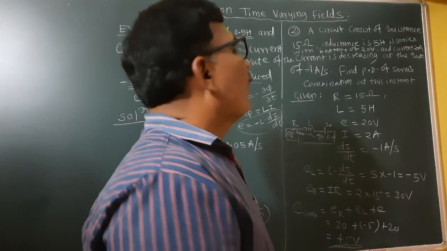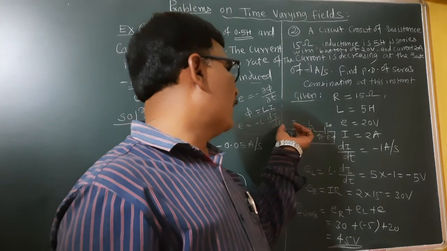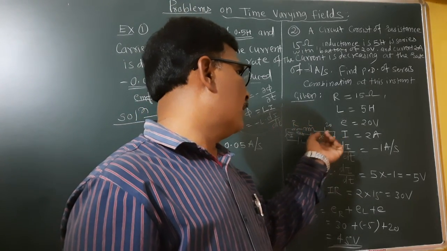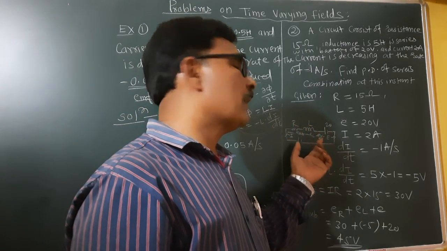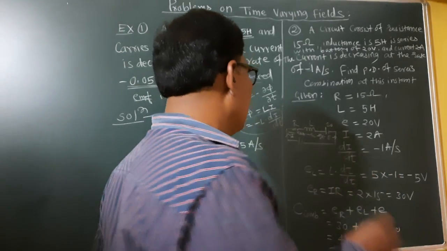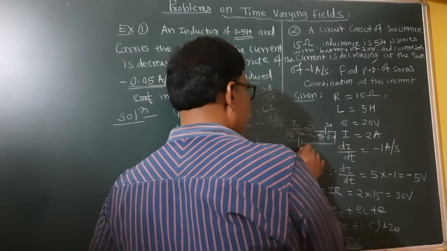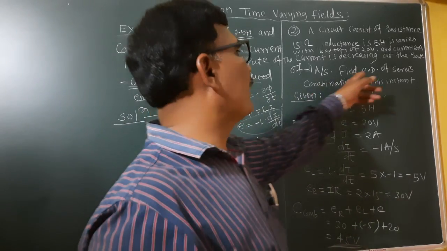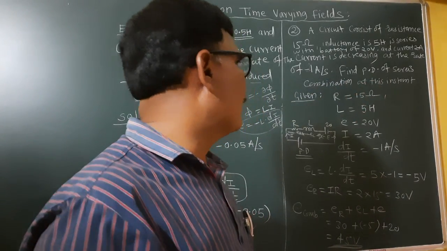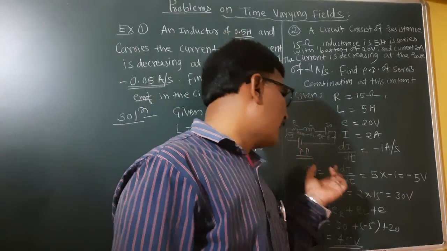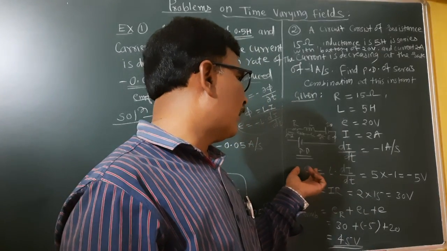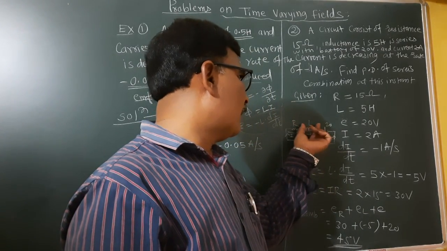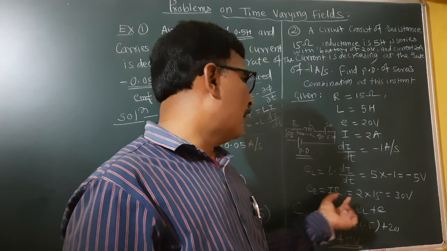This is the problem we have considered: first the resistance, then the inductance, and then the battery. All the parameters are connected, with a potential difference, PD. We have to find the potential difference across the combination. First, the potential difference across the inductance is L into di by dt.